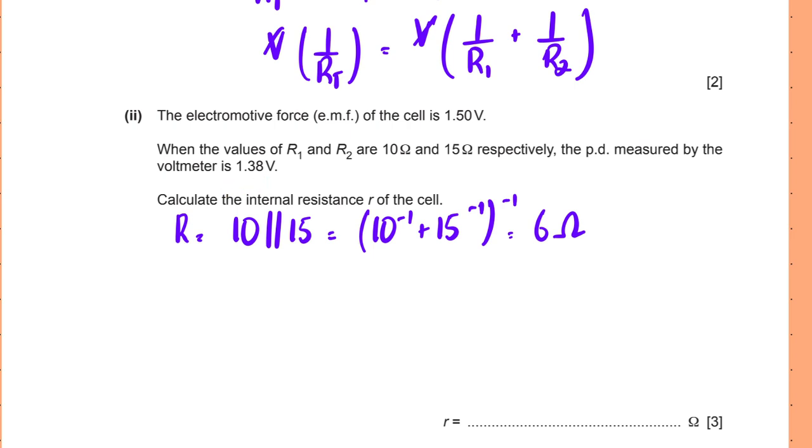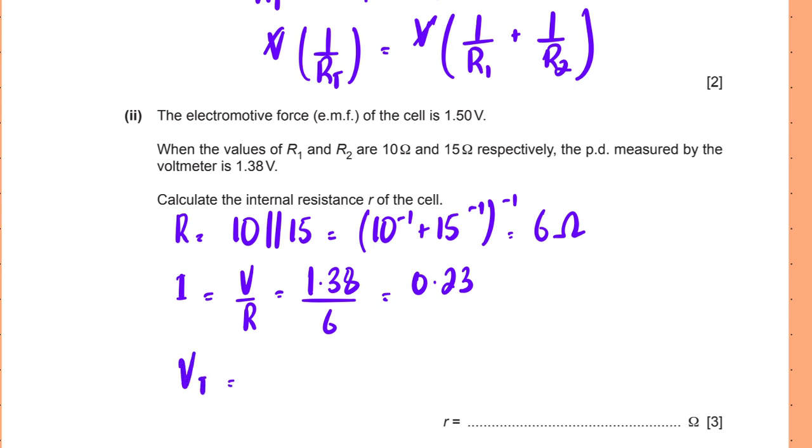And across the 6 ohms, the voltage is 1.38. So if I need the current, which is going to be the same throughout the circuit, because I've now combined those two parallel resistors as one series resistor of 6 ohms. So I equals V over R. The voltage across this is 1.38, resistance is 6. So let's see what this turns out to be. This is 0.23 amperes. And now, terminal potential difference, which is what's given here, is E minus Ir.